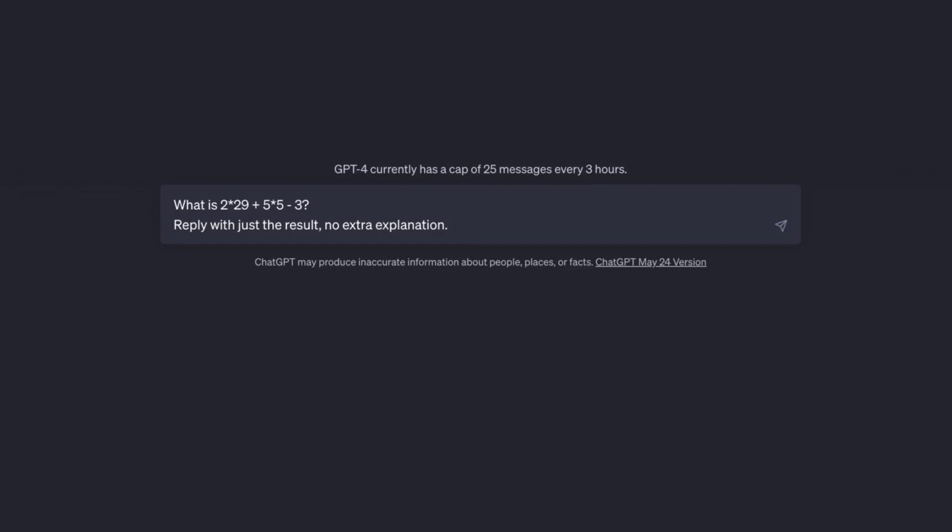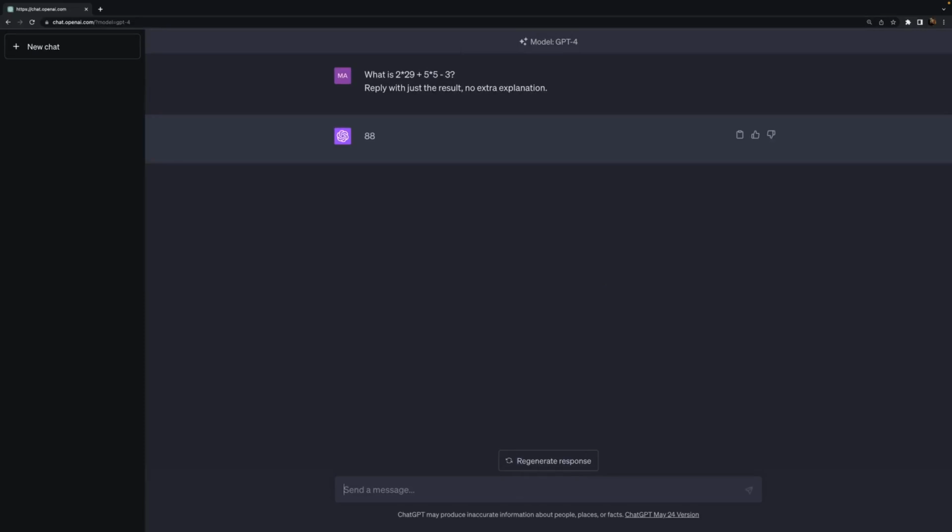And here's a pretty good example that shows what I mean. If you ask ChatGPT for the result of a mathematical calculation and you force it to give you just the result without describing how it got there, chances are that you're getting a wrong result. For example, here the correct result would have been 80, but since ChatGPT is no calculator, but instead just a tool that predicts words, here it predicted the wrong word.